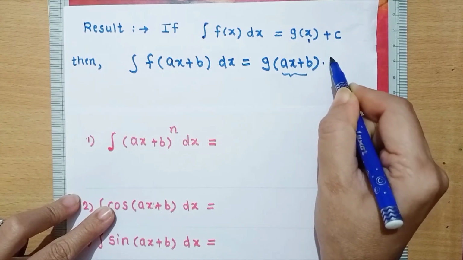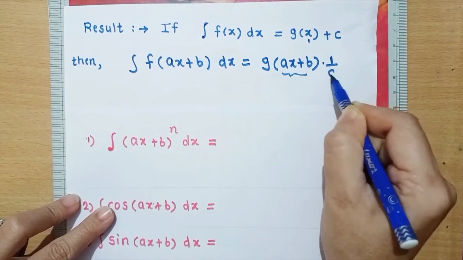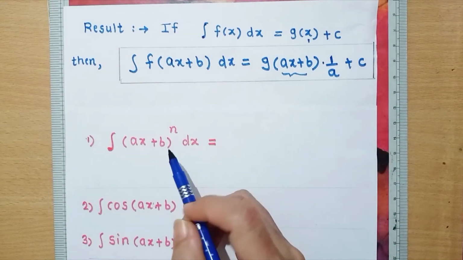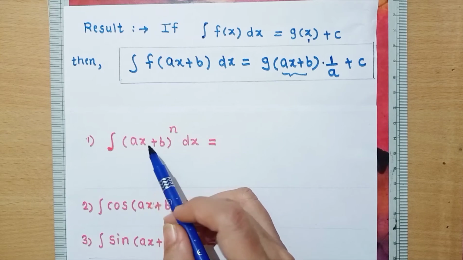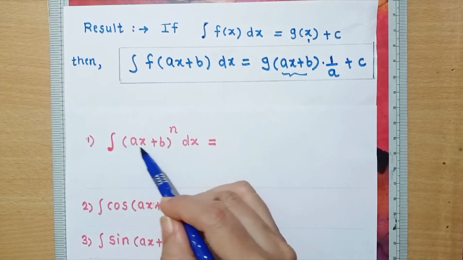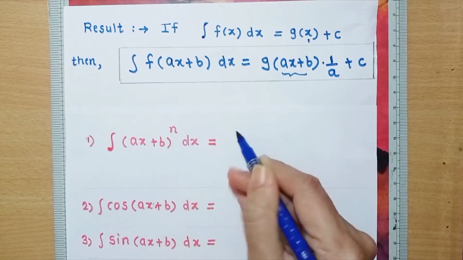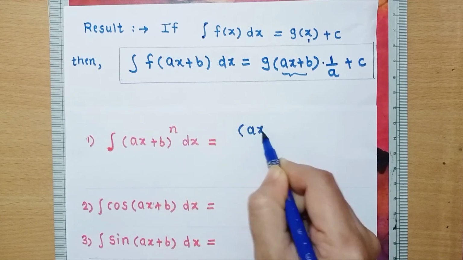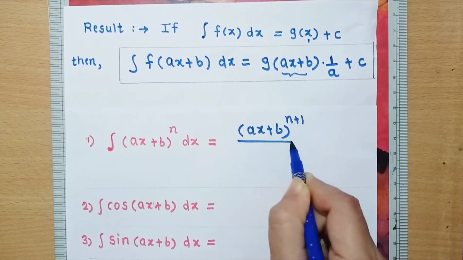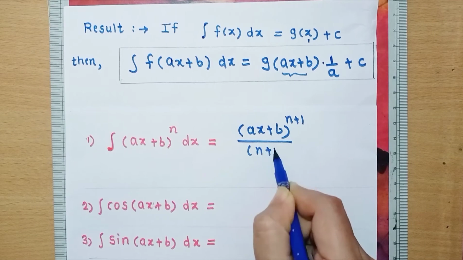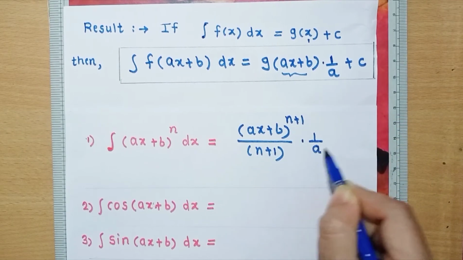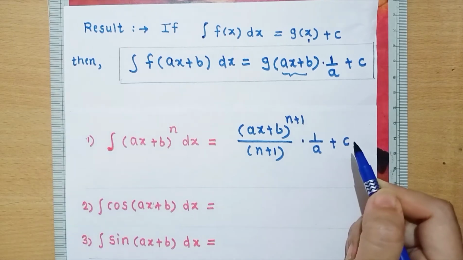So this derivative is a, so we will write here 1 upon a plus c. In the same way, in the standard formula we will replace x by ax plus b. So here first formula will be (ax plus b) raised to n. Its answer is (ax plus b) raised to n plus 1 upon n plus 1, and again we will divide by a. So here I'll write 1 upon a and then write down plus c.